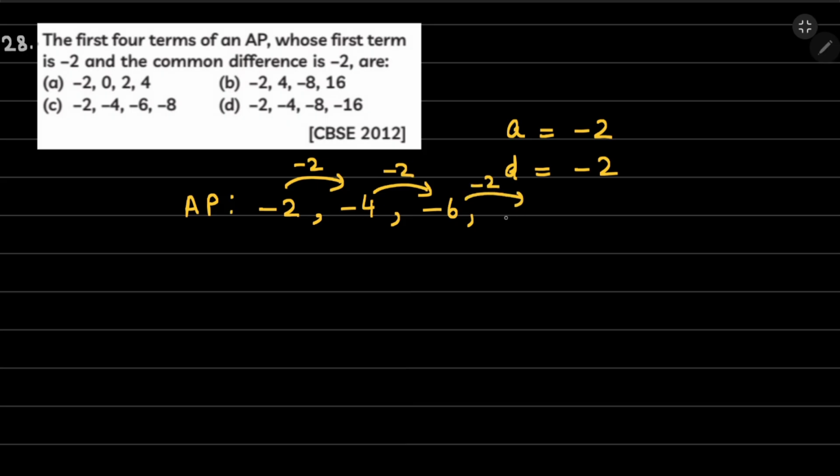Minus 6 minus 2 is minus 8, and it goes on. So the first 4 terms would be minus 2, minus 4, minus 6, minus 8, and it goes on. So which is the correct answer? Option number C is the right answer. Let's move on to the next question.